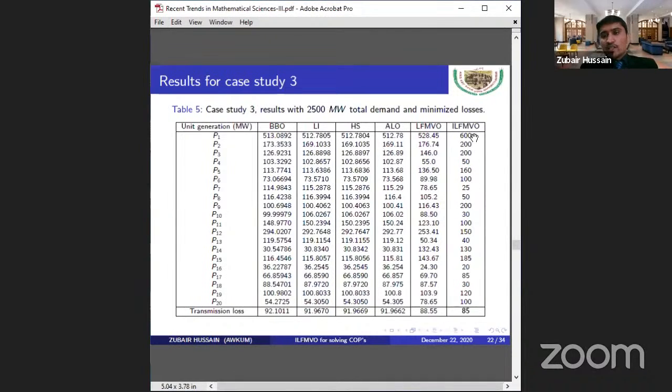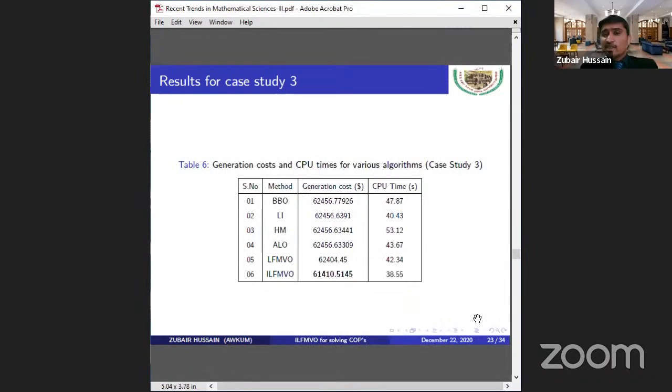It shows that our technique provides a solution of high quality with minimum transmission losses, that is 85. And table 6 presents the generation cost and CPU times for the various algorithms, which indicates that our proposed strategy provides a solution of good quality, with minimum generation cost and minimum CPU time.